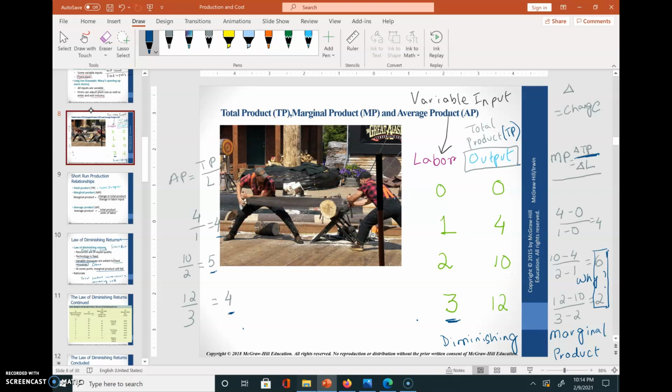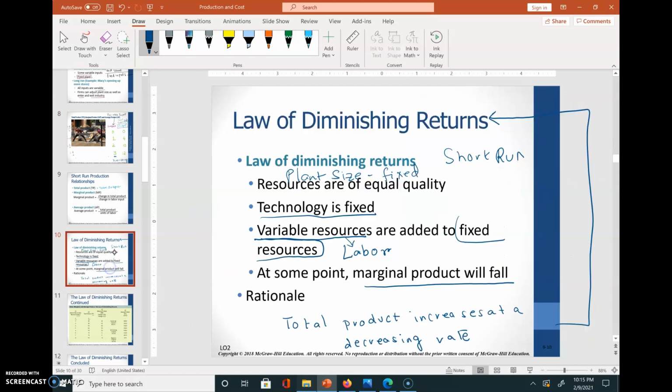So here the rate of increase from 10 to 12 is going down compared to the rate of increase from 4 to 10. All because labor is the only variable input of production and capital or plant size is fixed.